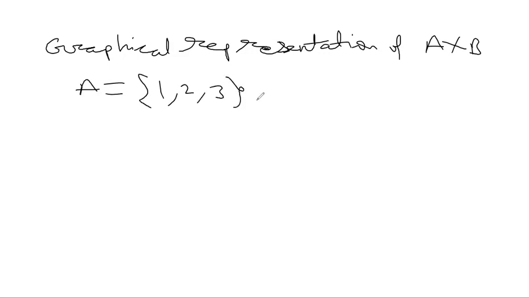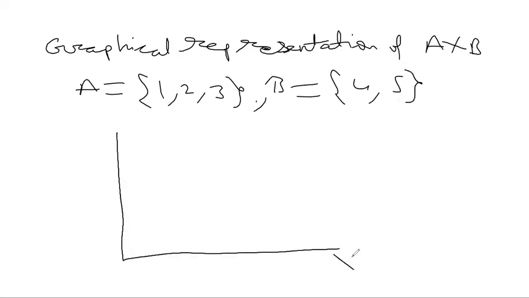Now we will talk about graphical representation of the same Cartesian product, say A cross B. Suppose A is equal to {1, 2, 3}, B is equal to {4, 5}. How can we represent it in a graph? Here there is a graph xy.